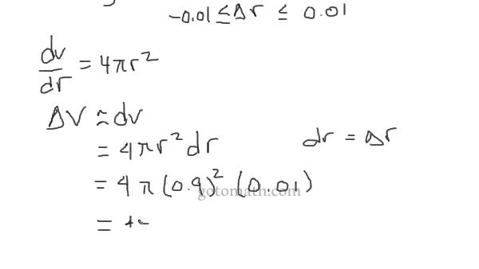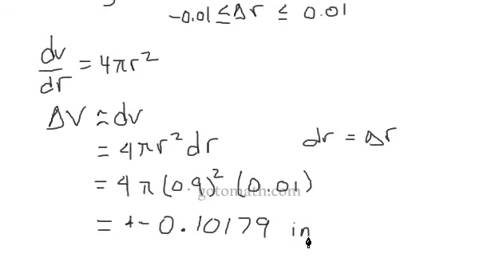So we did 4 times pi times 0.9 squared times 0.01, and I'm getting plus or minus, let's see, a few decimal places, 0.10179. How about we go out to there? And of course we don't want to leave off our units.